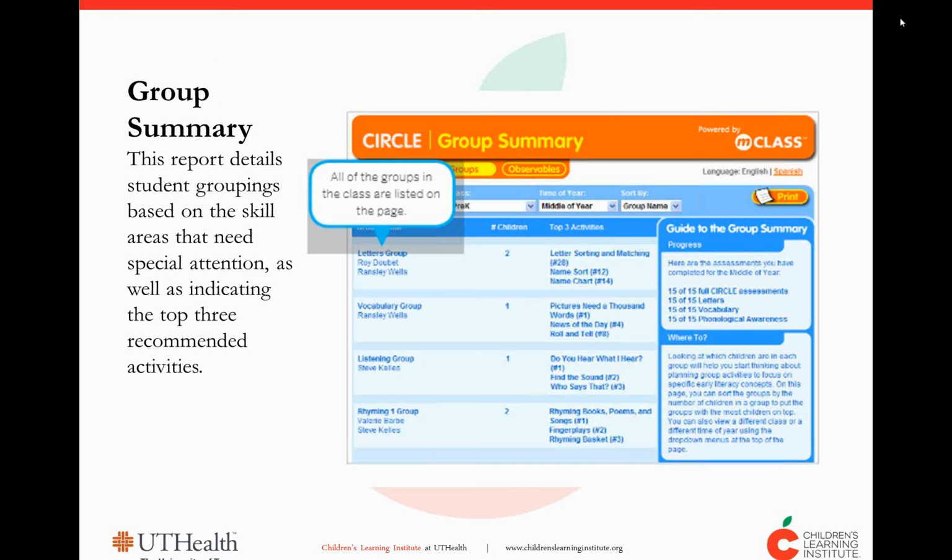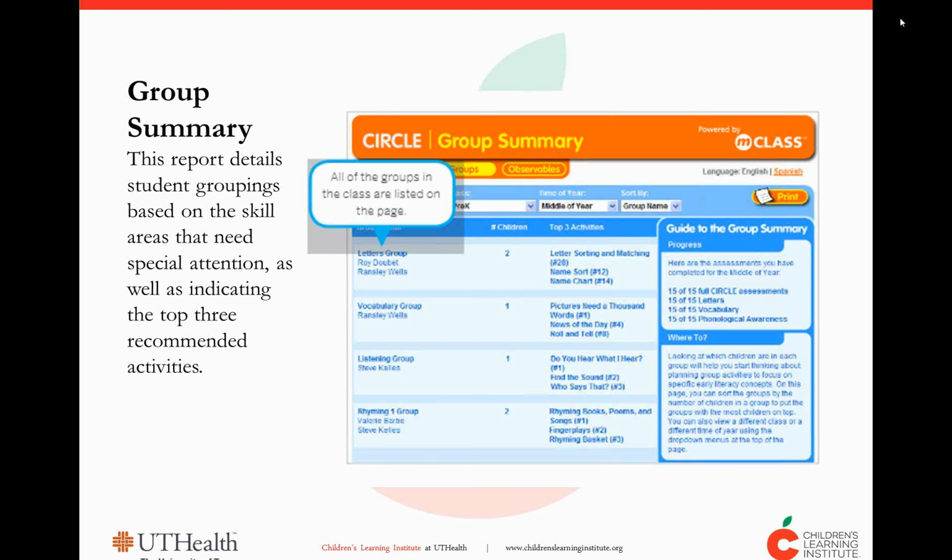And then they get a group summary, and they see student groupings. This is telling them, as you can see under letter group, that Roy and Ramsey Wells needed more attention in letter sorting and matching. And here's the activity they should try with those kids: name sorting, letter sorting and matching, and try the name chart.